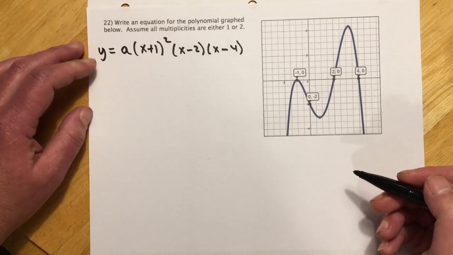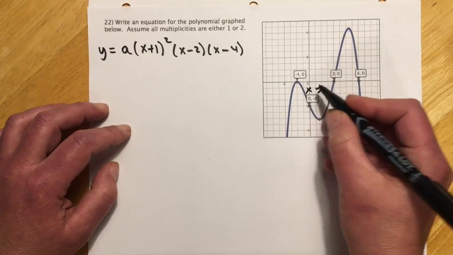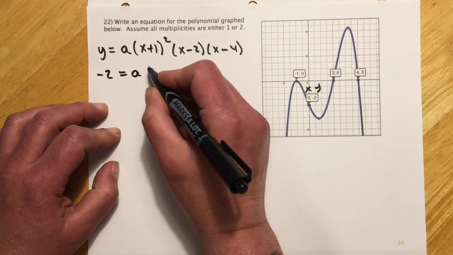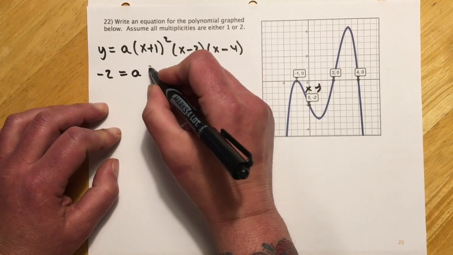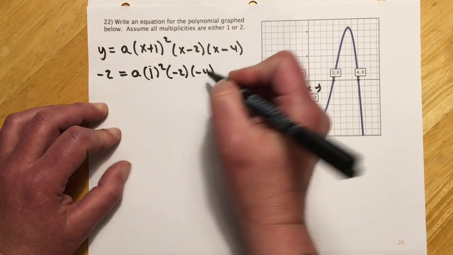Once I do that, I have my template set up. This is just an xy here, so I'll let y equal -2. A is what I'm trying to work out. If I let all these x's be 0, this will just be 1 squared times -2 times -4.